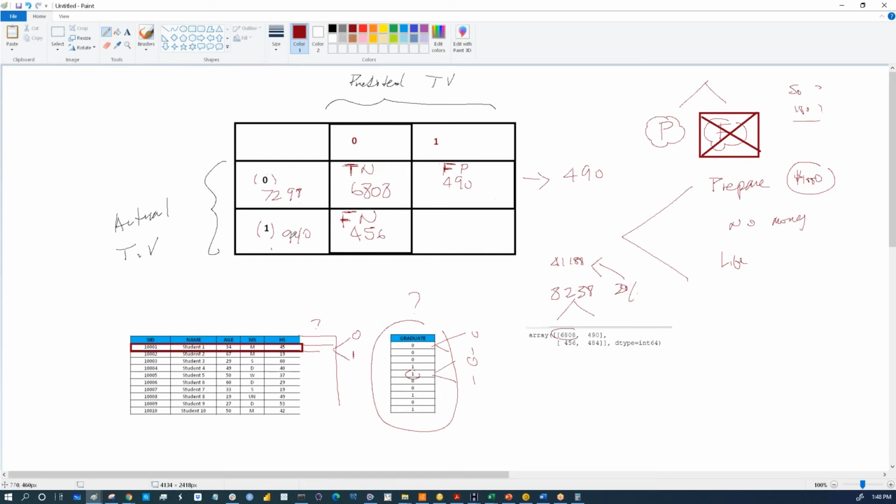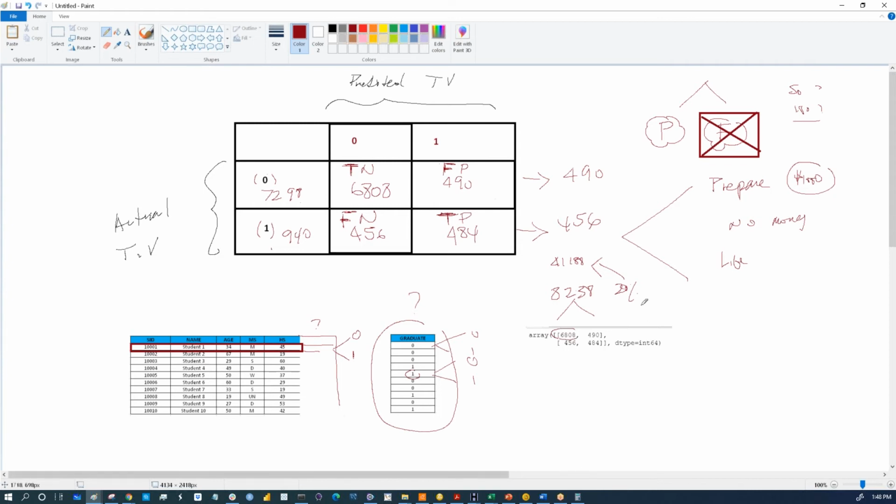And of the 940, how many did we correctly predict? 484. And this is called true positive. How many errors were made? 456.